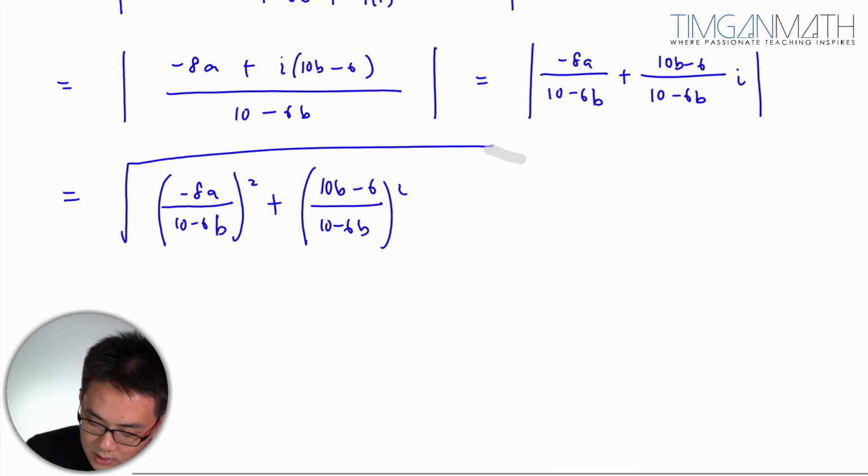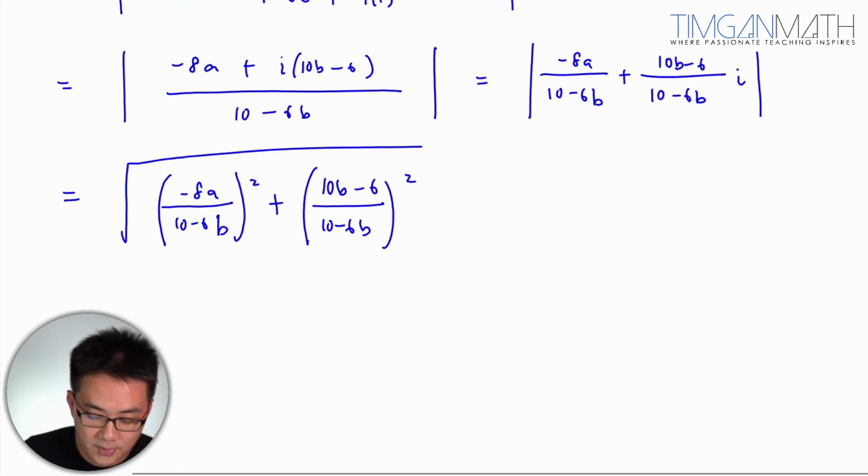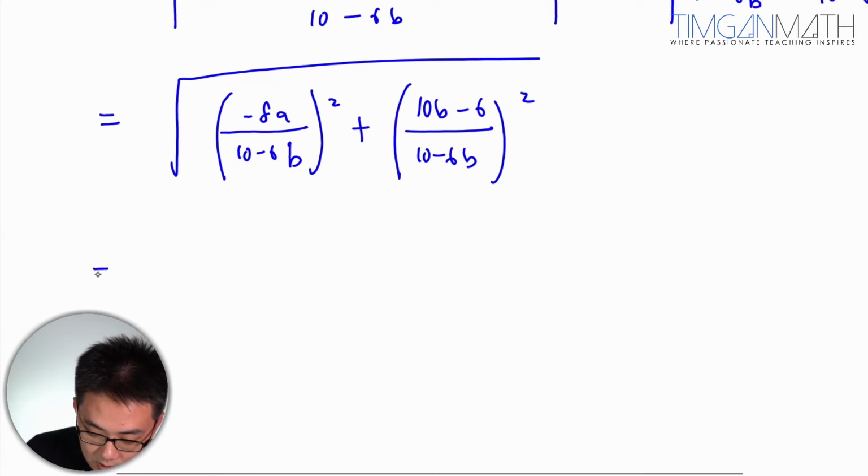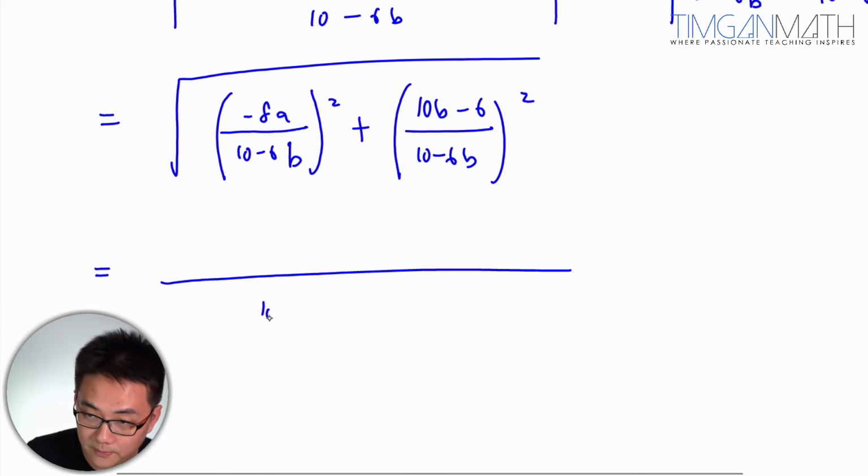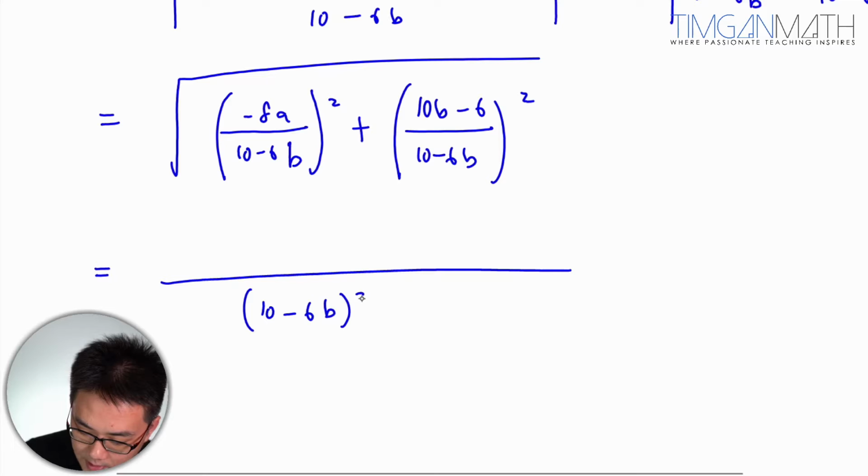Okay, so once this is done, what we're going to do is just expand it and hope for the best. So for this part, the denominator, I could just leave it as 10 minus 6b square. This is 60 minus 8 square.